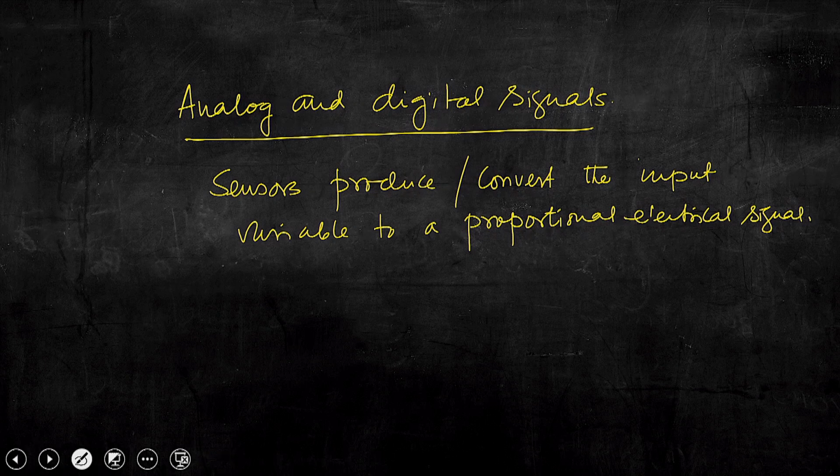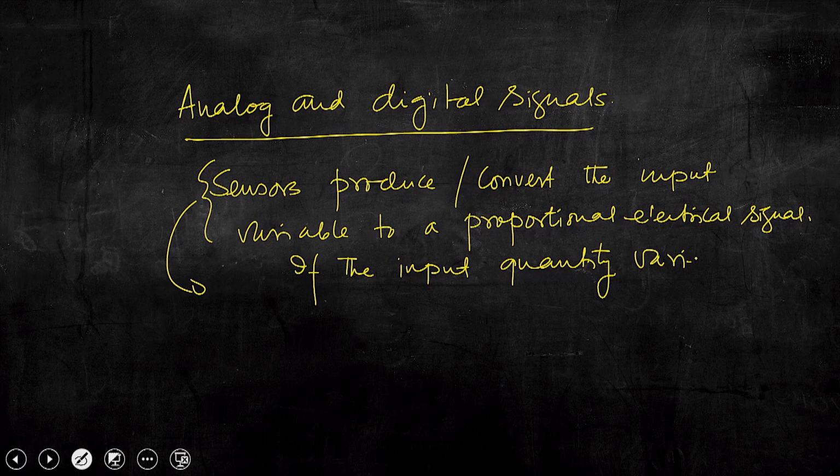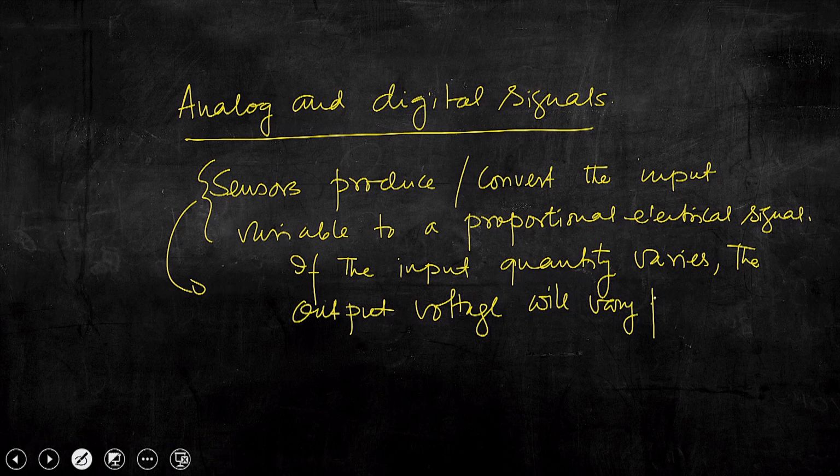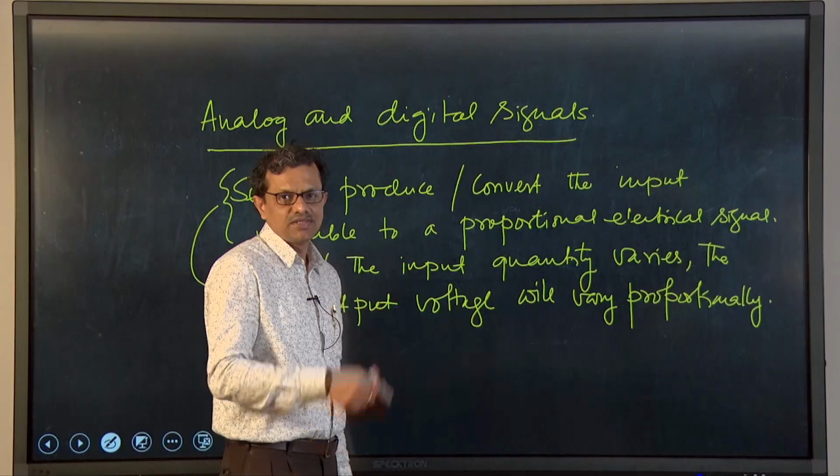So, if the input quantity varies, the output signal, the output voltage, will vary proportionally depending on the variation of the input quantity.